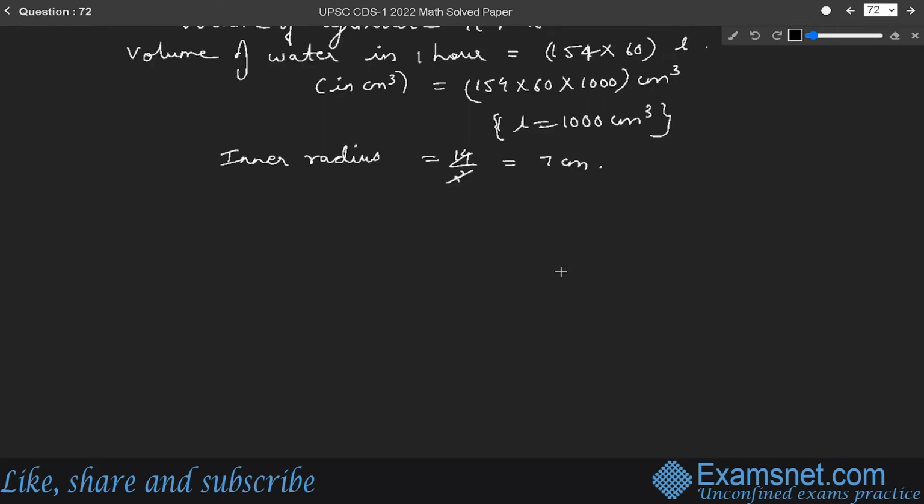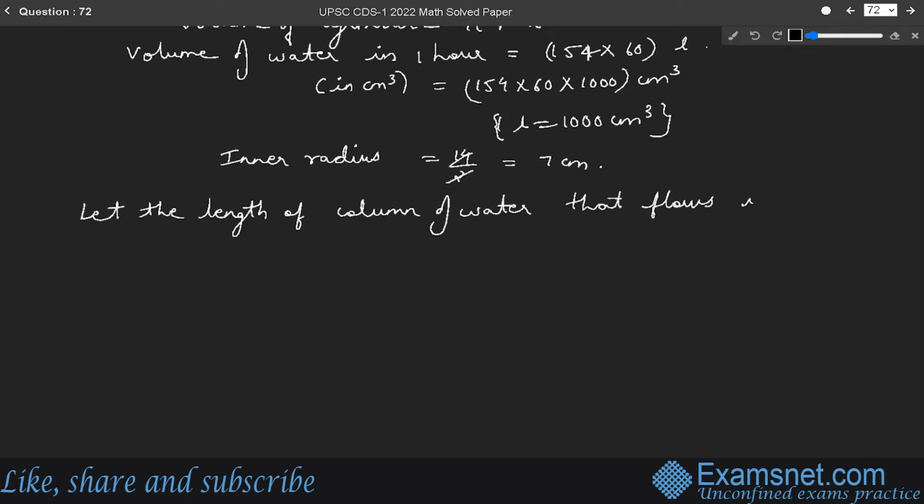Now talking about the length of the column of water, we don't know the length, so let the length of column of water that flows in 1 hour be h centimeter.